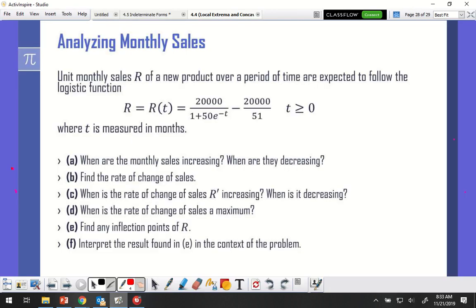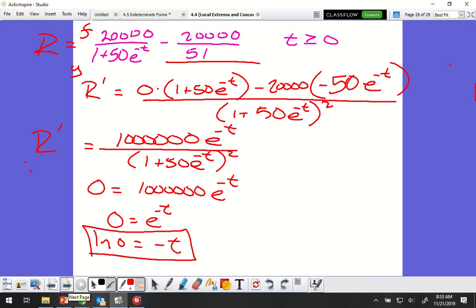Okay, inflection points of R. So let's carry over my derivative to a new one. R prime was 1 million e to the negative t over 1 plus 50 e to the negative t squared, right?